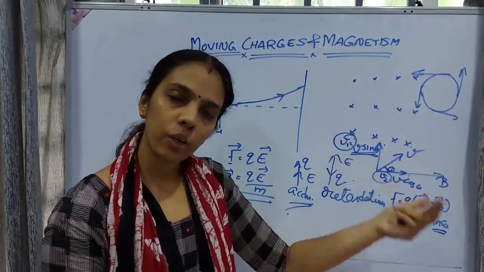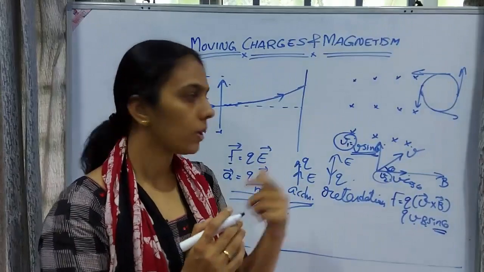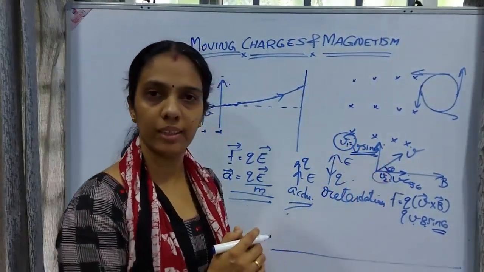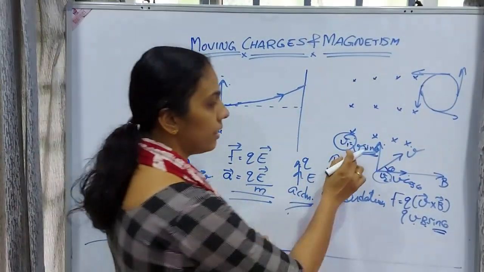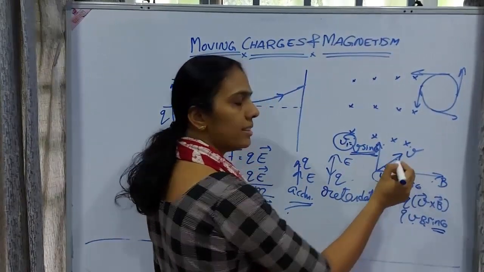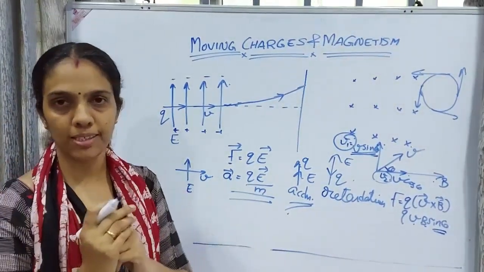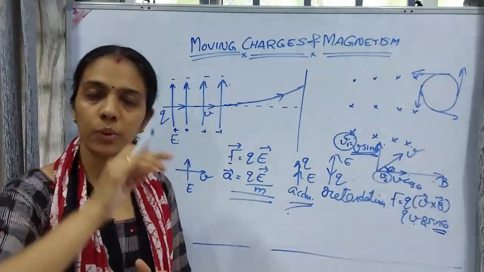So QV cross B will be present over there, and QVB because theta is 90 degrees. V1 and B are at an angle of 90 degrees, so QV1B is present. That will be following a circular path.